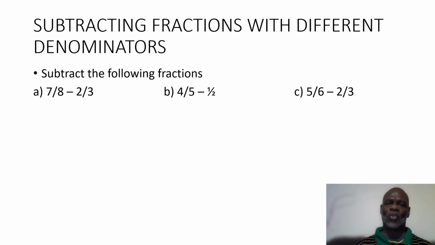So we still have to go ahead and find the LCM of 8 and 3. Now what I want you to do is come up with your own strategy of finding the LCM. In some instances you can multiply the denominators together to come up with your LCM. If that doesn't work, then you can always explore other means and ways of finding them.